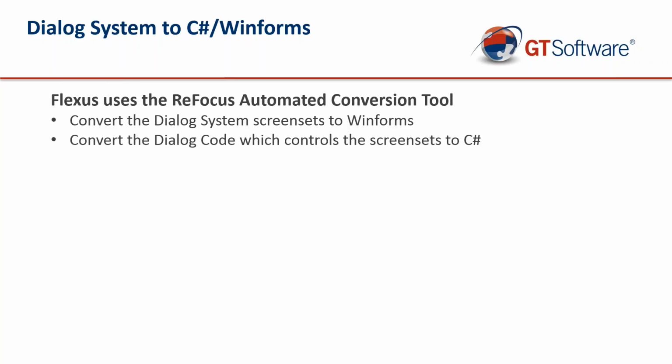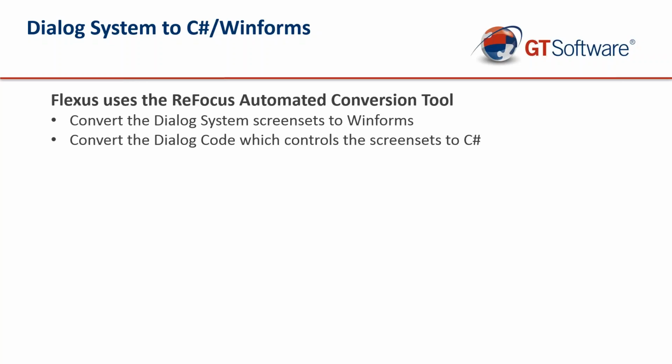In order to accomplish this, and we're going to focus more on the C# Winforms target now, in order to accomplish the conversion process, what we do is we ask the customer to provide us with export files from Dialog System. Dialog System allows you to export your Dialog System screen sets into an ASCII text export file.